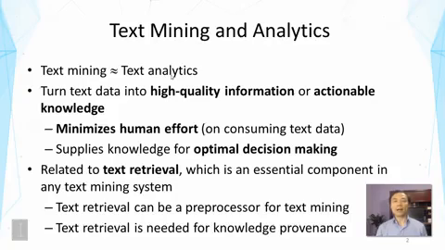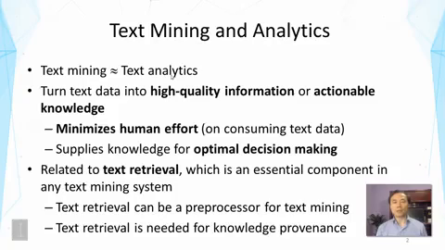The other kind of output is actionable knowledge. Here we emphasize the utility of the information or knowledge we discover from text data. It's actionable knowledge for some decision problem or some actions to take. For example, we might be able to determine which product is more appealing to us or a better choice for a shopping decision.